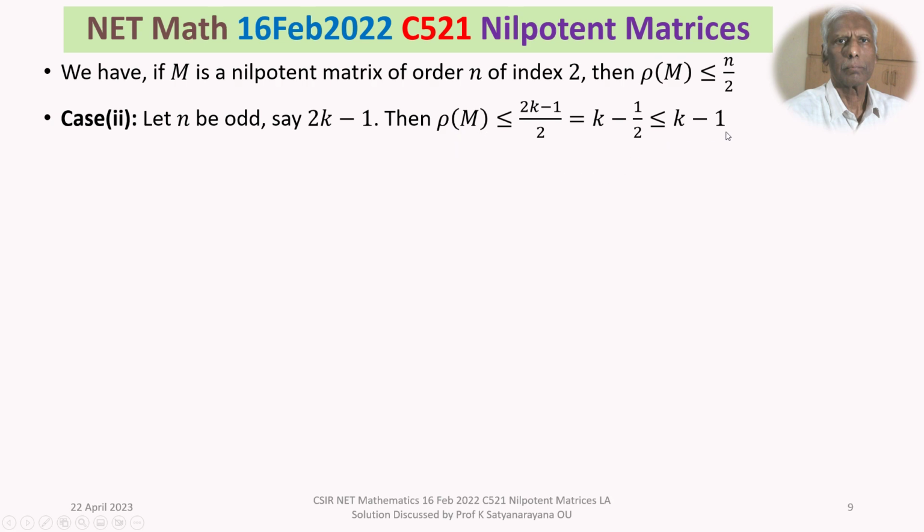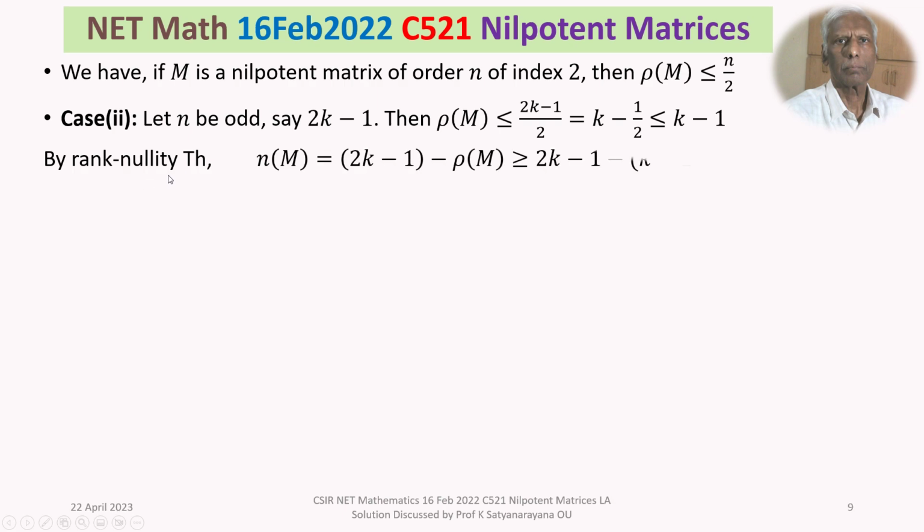Now, we apply the rank nullity theorem. Nullity of M is equal to the number of columns, that is n, which is 2k minus 1, minus rank of M. And rank of M is less than or equal to k minus 1. You apply here: it is greater than or equal to 2k minus 1 minus (k minus 1), and that is k.